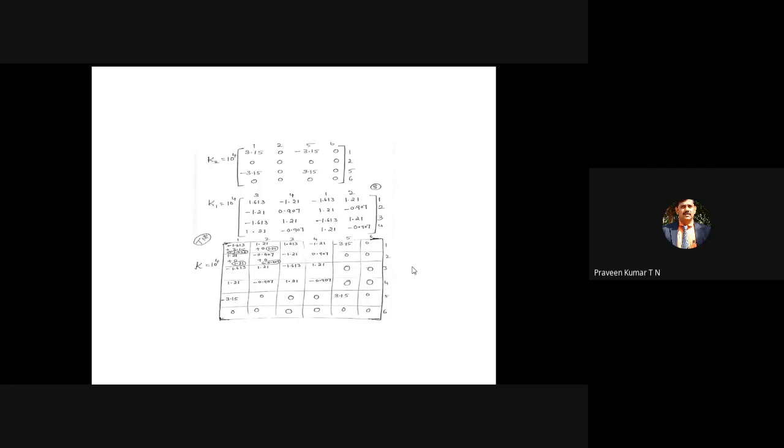So I have written K1 and K2 together here, so that you can imagine you are transferring the element stiffness matrix 1 to the global stiffness matrix. Better to transfer 4 elements.